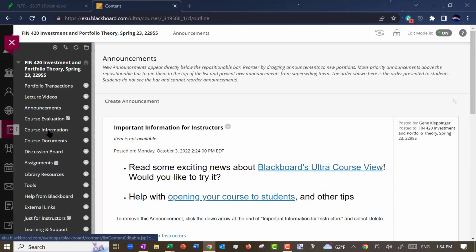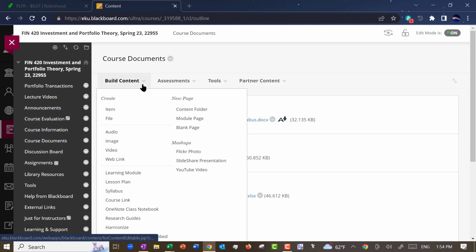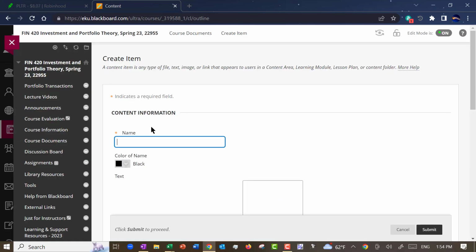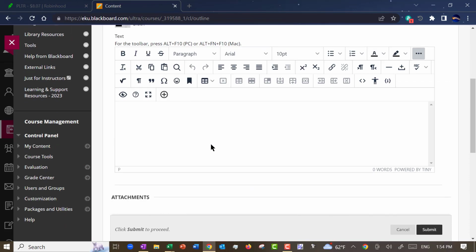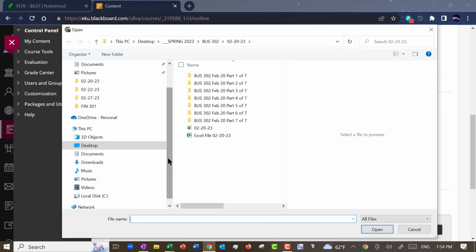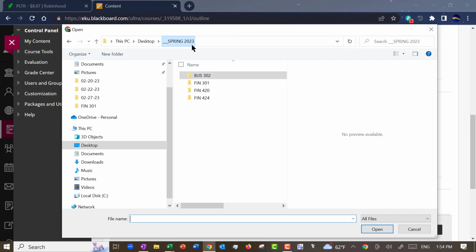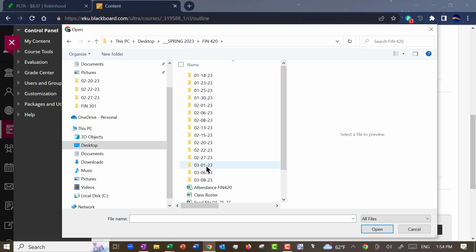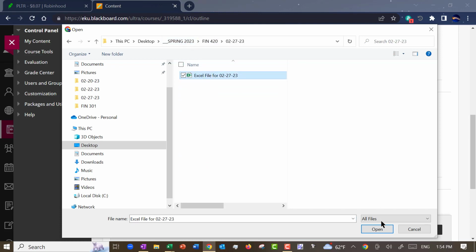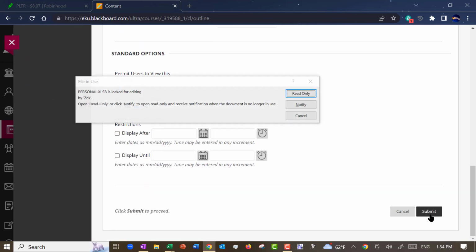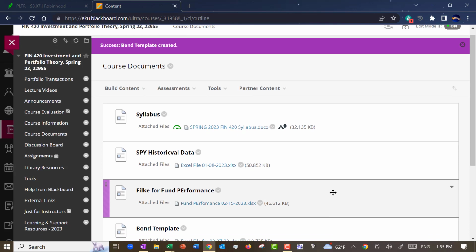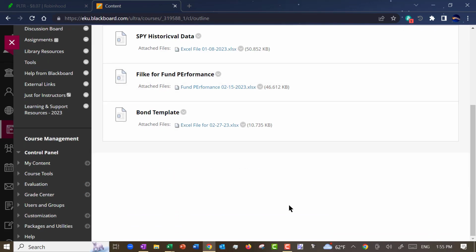Let me call this bond template. Okay, it's down there. I'll wait for you guys to download it if you choose to do so.